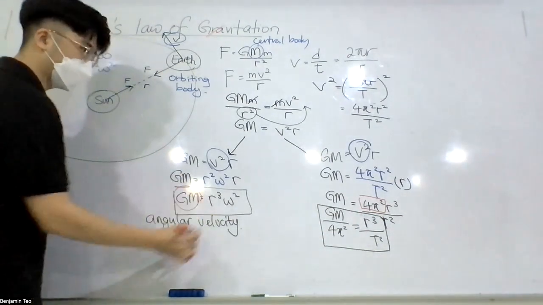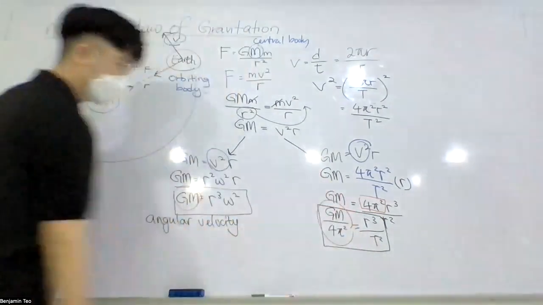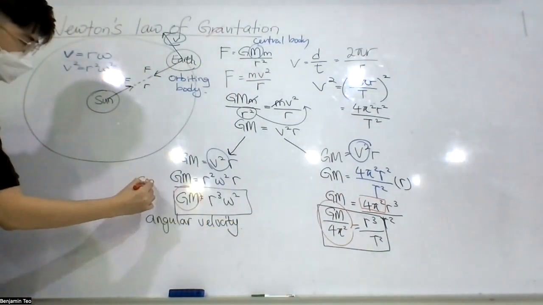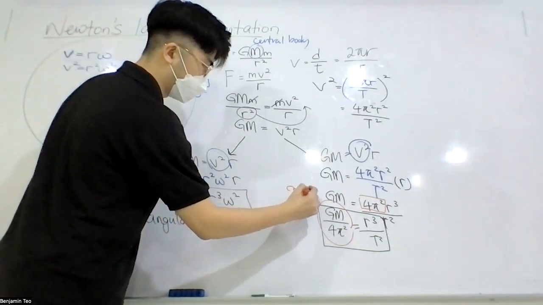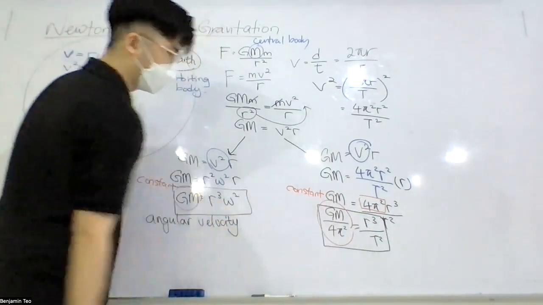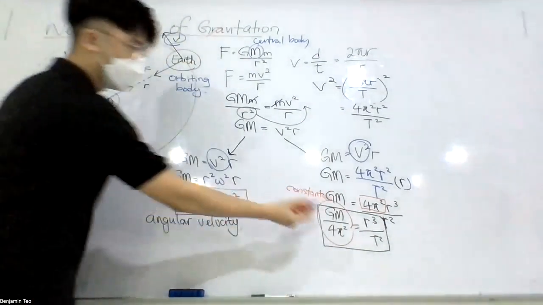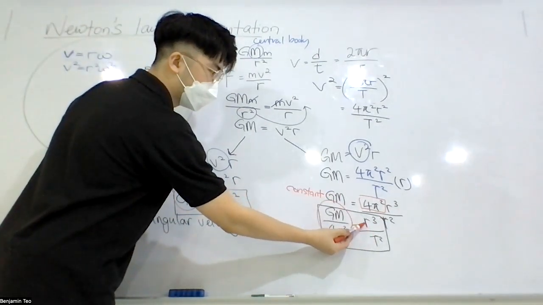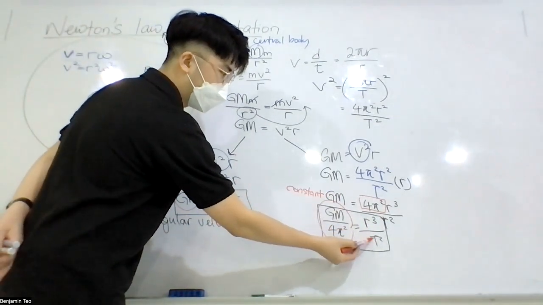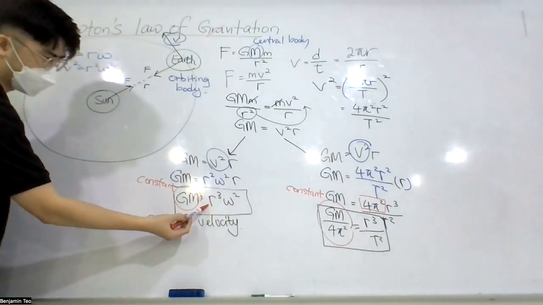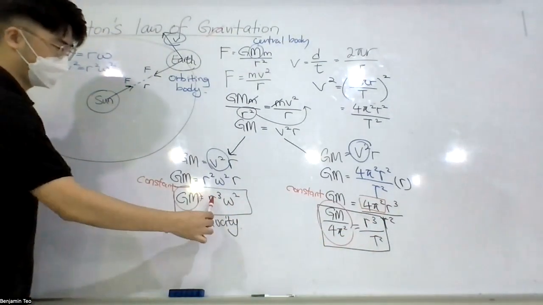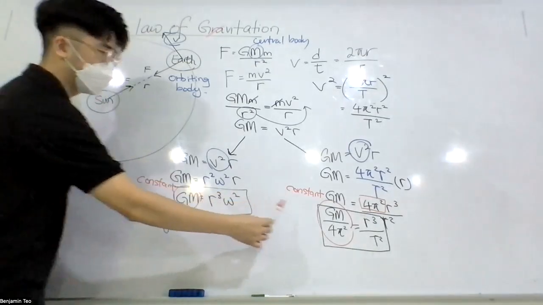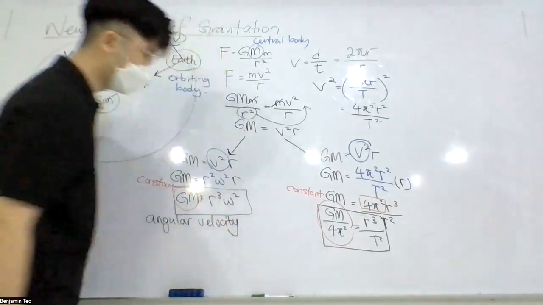Notice your left hand side is a constant value. This is distance and period. This is distance and angular velocity.